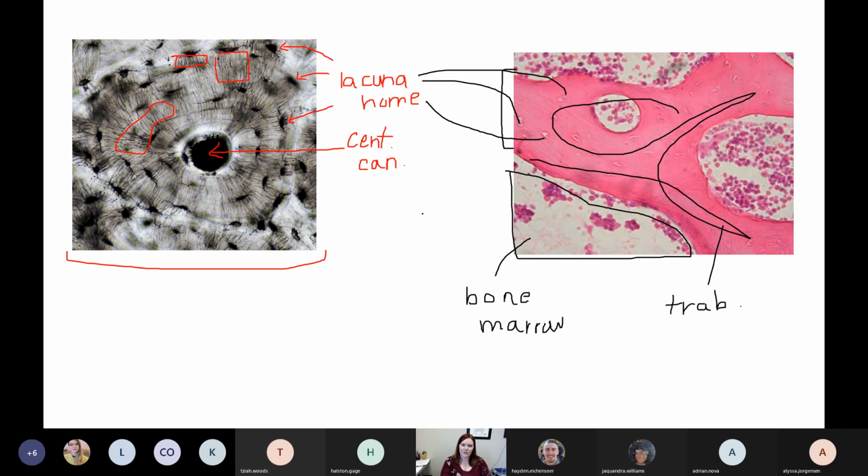By the way, I don't think I asked you this yet. Does anyone remember the name of the specific kind of cells that live in bone tissue? What's the name of the specific kind of cells that are only found in bone tissue?